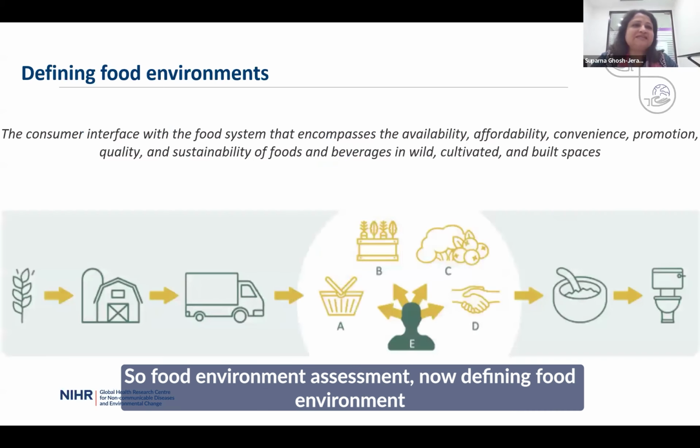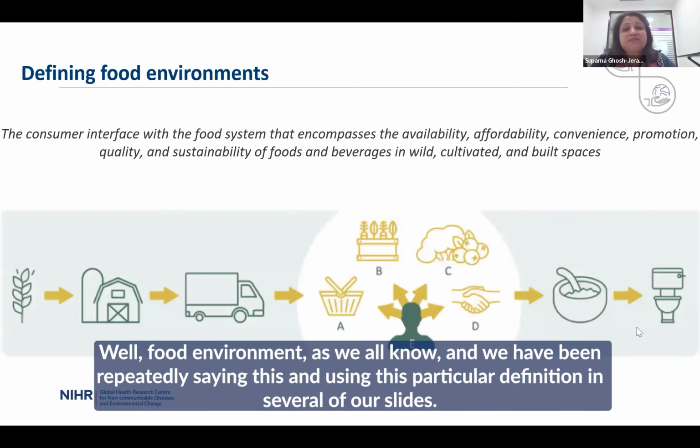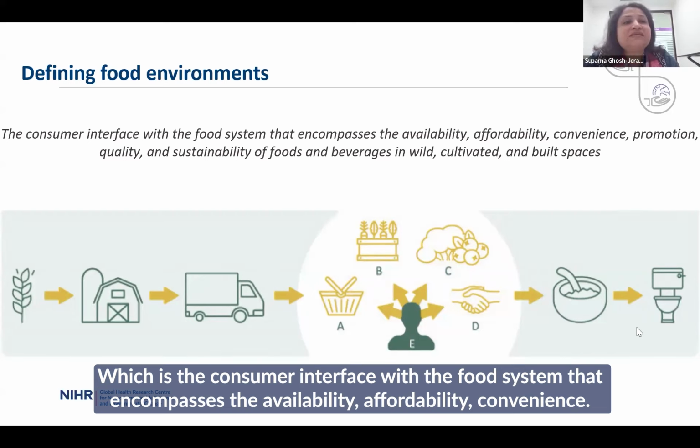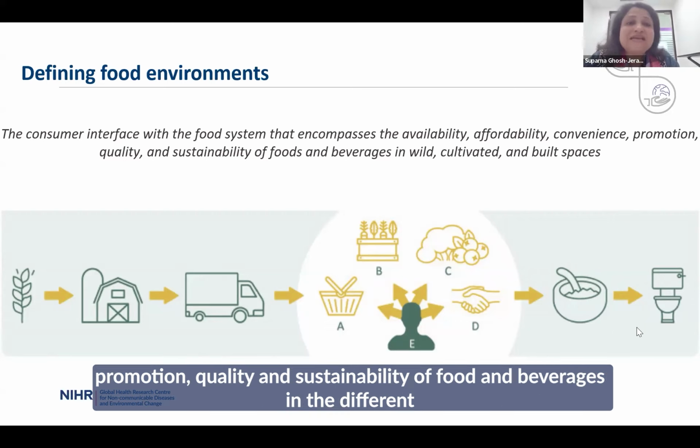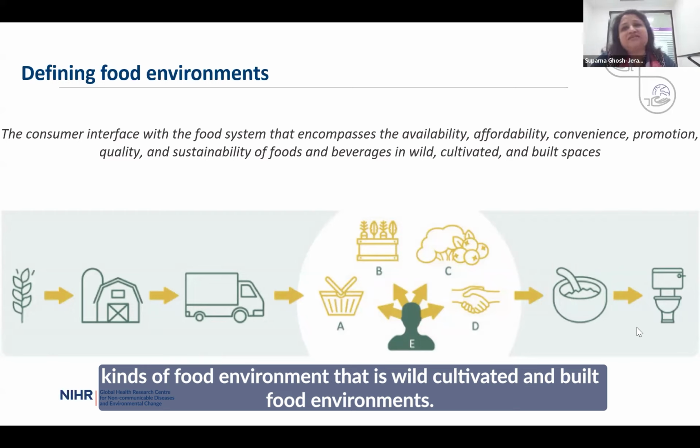So food environment assessment, now defining food environment. Well, food environment, as we all know, and we have been repeatedly using this particular definition in several of our slides, is the consumer interface with the food system that encompasses the availability, affordability, convenience, promotion, quality, and sustainability of food and beverages in the different kinds of food environment, that is wild, cultivated, and built food environments.